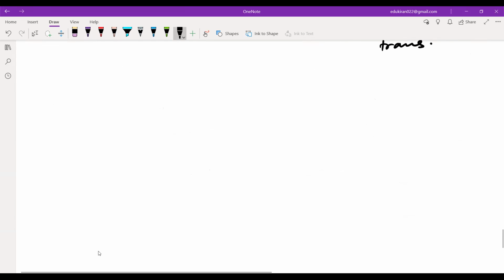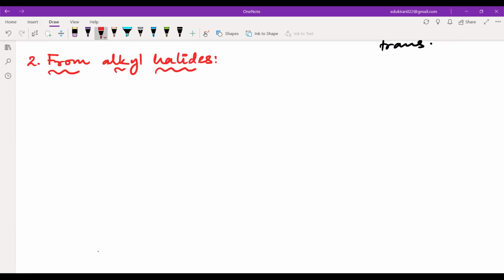From alkyl halides. So alkyl halides, what is the reaction? Let me first write the reaction. We'll write these things down, and after that we will look at the mechanism. Please write with me.